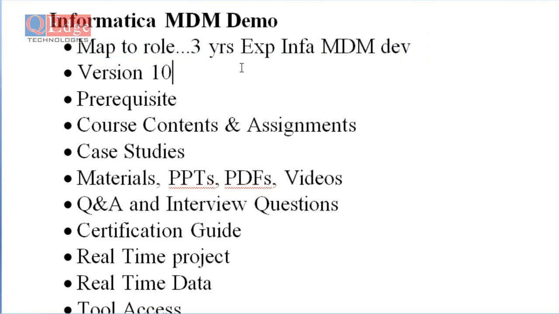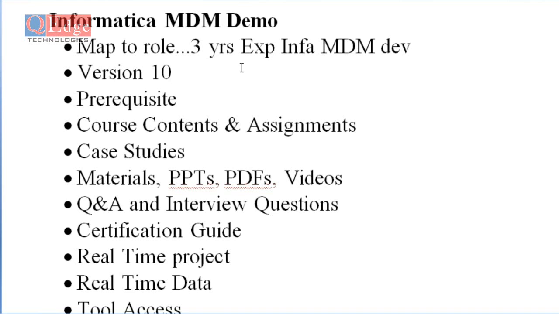Now let's move ahead to the second point. The second thing talks about the versioning. So Informatica MDM is available in many different versions, starting from Siperian, then Informatica 9.0.1, then 9.1, then 9.5, 9.5.1, 9.6, 9.6.1, 9.7, 9.7.1, then finally version 10. That's the latest version from Informatica.